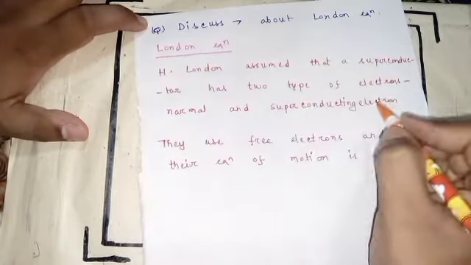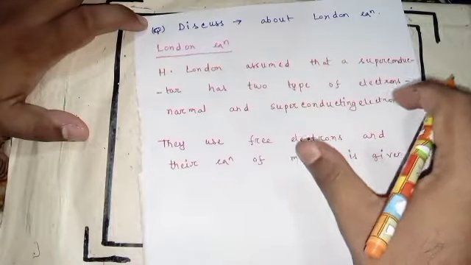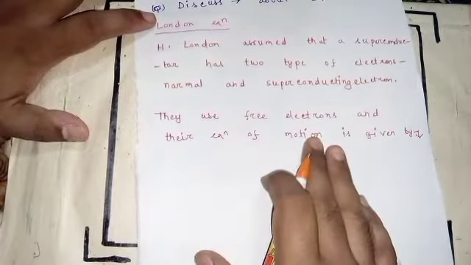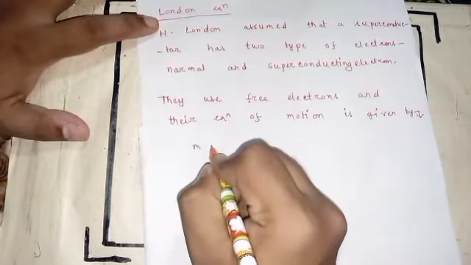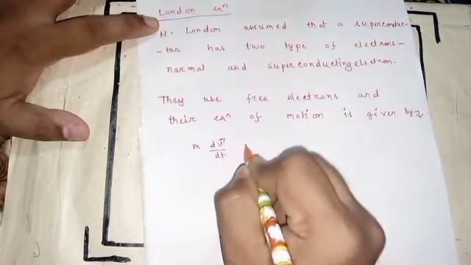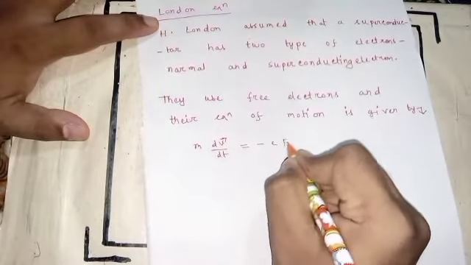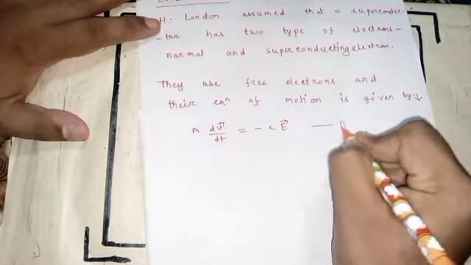They use free electrons, and their equation of motion is given by m dv vector by dt is equals to minus e E vector, and this will be equation 1.